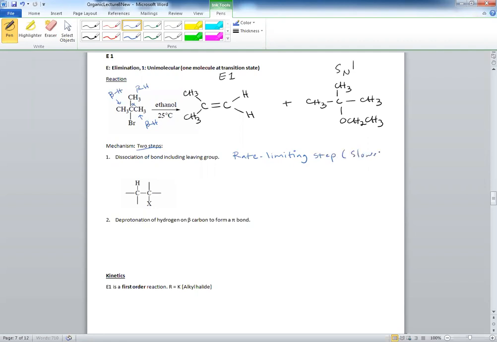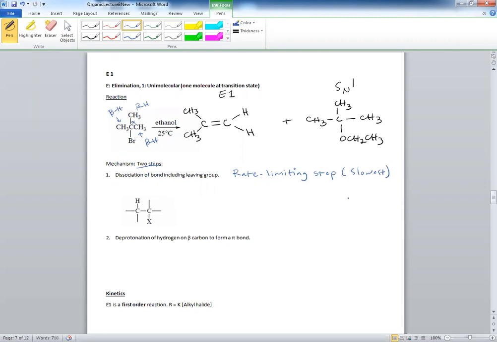Just like in SN1, the first step was the slowest step, is actually the breaking of the leaving group and the carbon bond, which would yield a positive right there. So that's the first step.